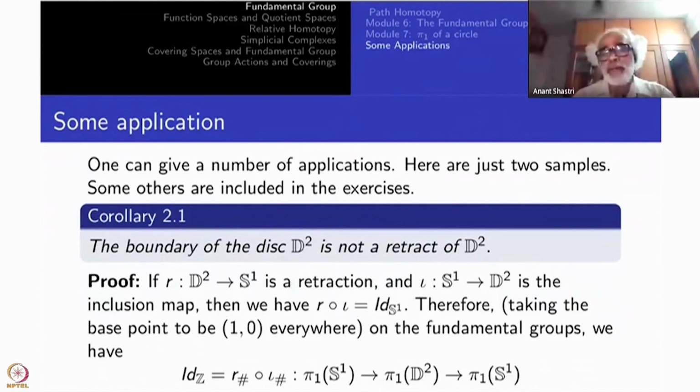All right. Now you see that there is a contradiction to the algebraic fact that we have proved, that the two end groups here, this one and this one, are infinite cyclic groups. The middle one is what? This is a disk, so it is a convex set. So pi1 of this one is the trivial group. If you write additively, it is 0.